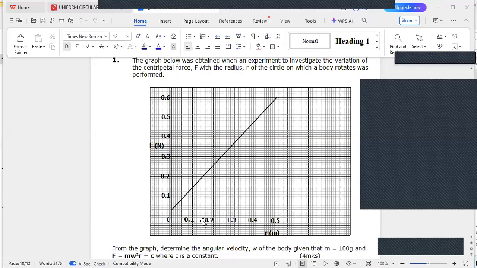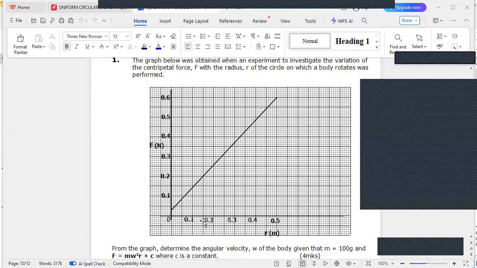So now we have 0.6 minus 0.2 over 0.5 minus 0.15. That gives us 0.4 over 0.35.